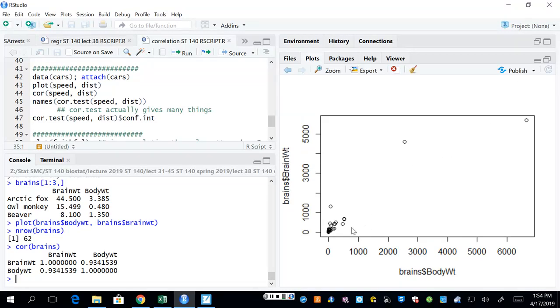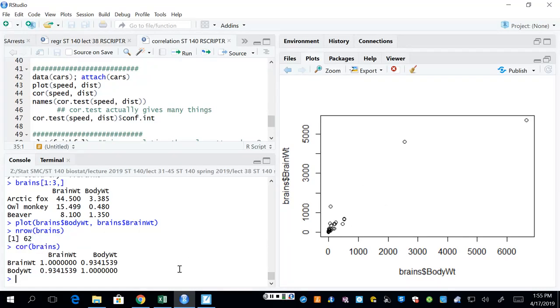That actually ends up being a very high correlation. But there's a little bit of kind of a little curve in there, right? You can almost see it. And maybe there's something going on, like the brain weight is a certain percentage, or maybe it's the cube root of body weight. There could be some biological relationship that's not exactly straight.